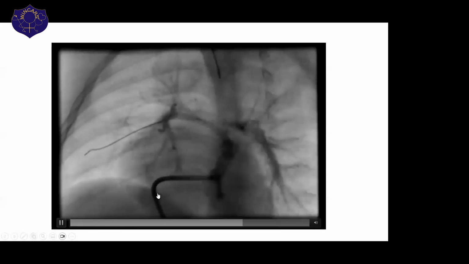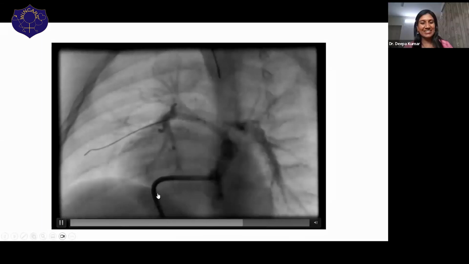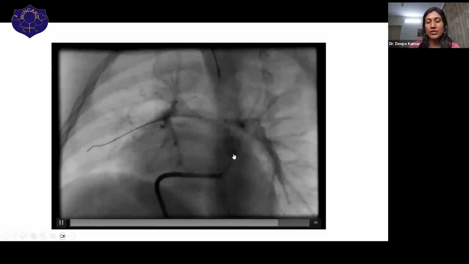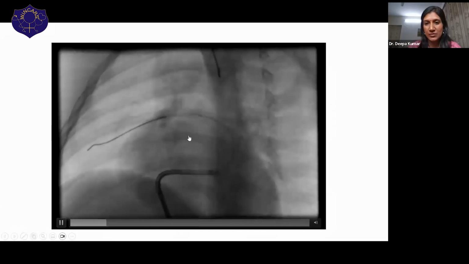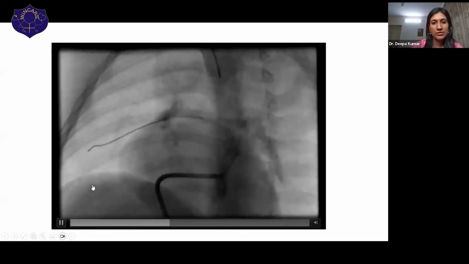Not yet. Yeah, peripheral PS, someone says. Yes, very good. So what we notice here is that it's the worst kind of peripheral PS where the main pulmonary artery is small, the right pulmonary artery is small, the left pulmonary arteries are small, and all the segmental branches are small as well. So this is the worst kind of peripheral pulmonary stenosis. Both branch pulmonary arteries, segmental arteries, as well as the main pulmonary artery are small.